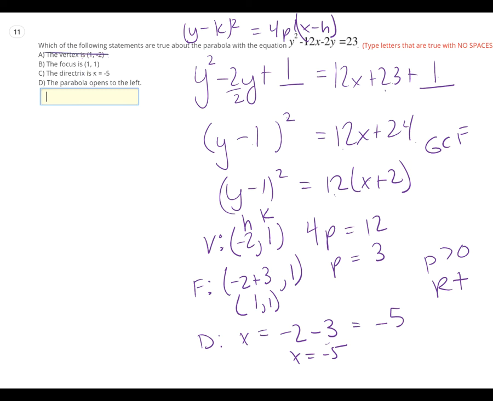It's not, so that one's out. Is the focus 1, 1? Yes. So directrix x equals -5. Is it open to the left? Type it in. So you would have to type BC. No commas, no spaces. Just BC. But it doesn't matter lowercase or uppercase.